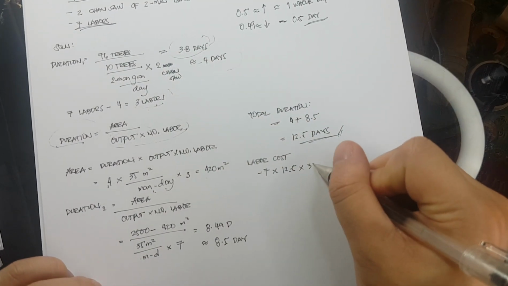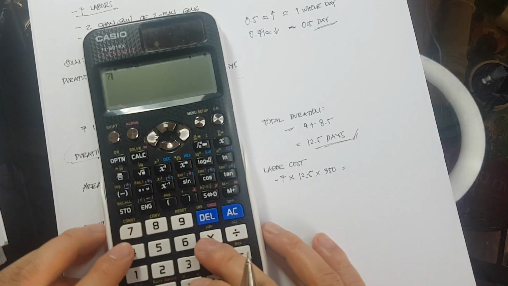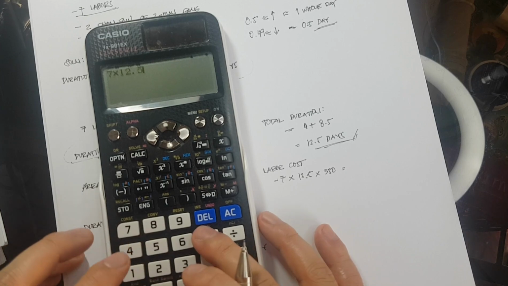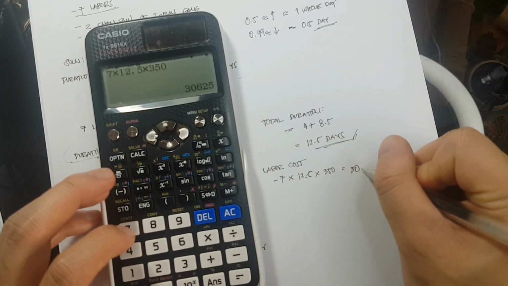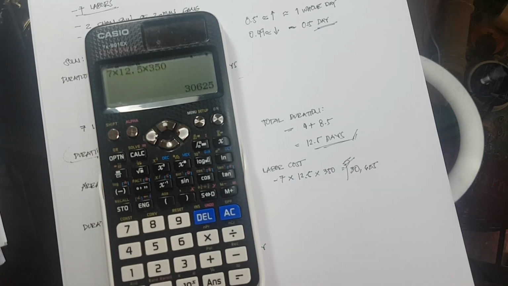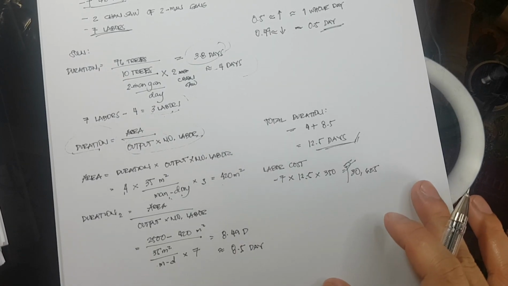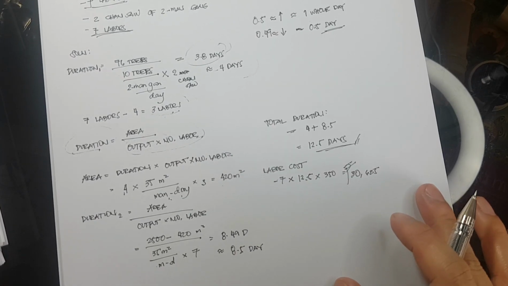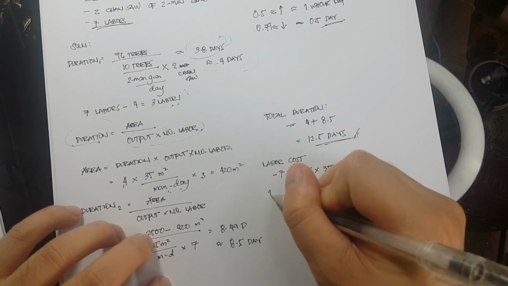Okay? So the labor cost is equivalent to 7 times 12.5 times 350. That is equivalent to 30,625 pesos.